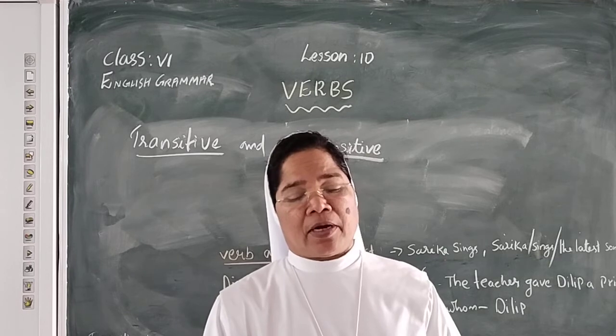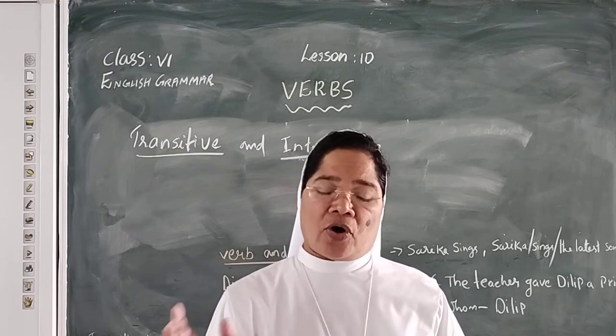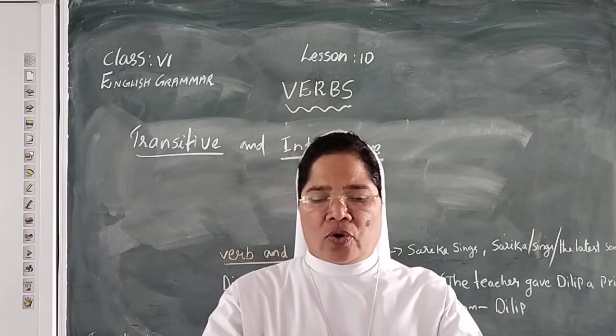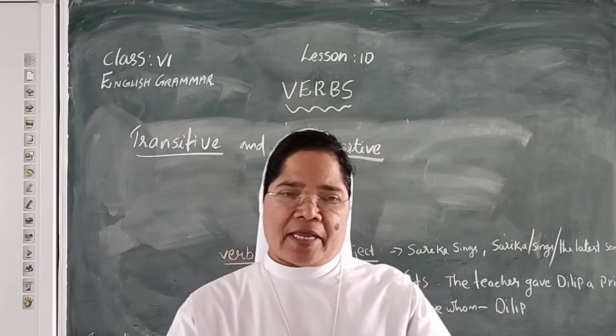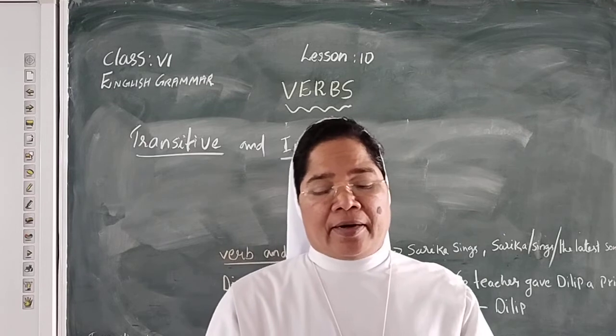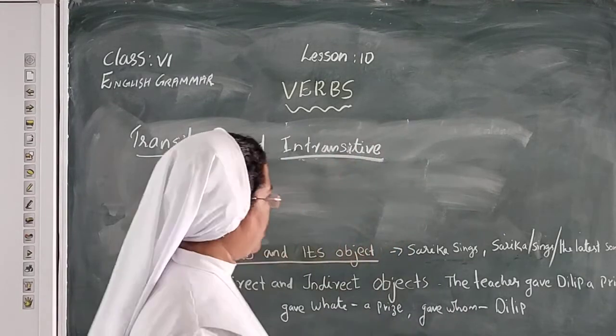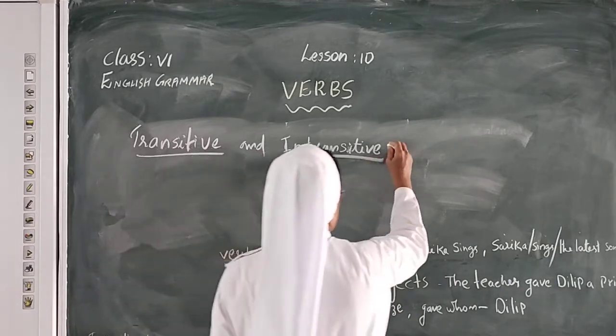But an intransitive verb is a verb which does not require an object to complete the sentence; that is what we call an intransitive verb. Okay, transitive and intransitive verb.